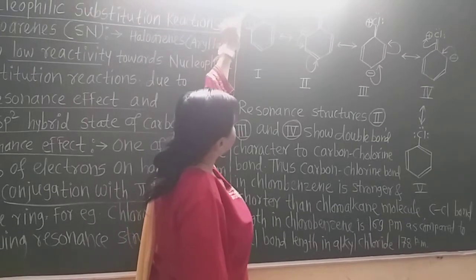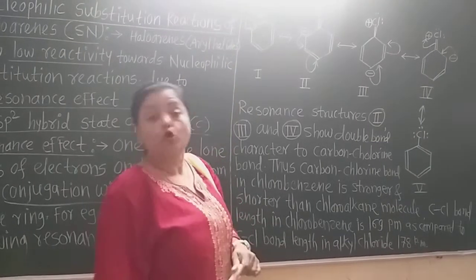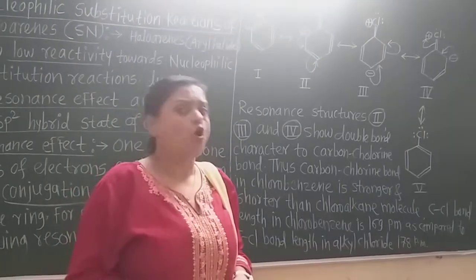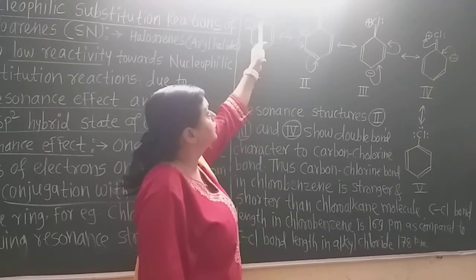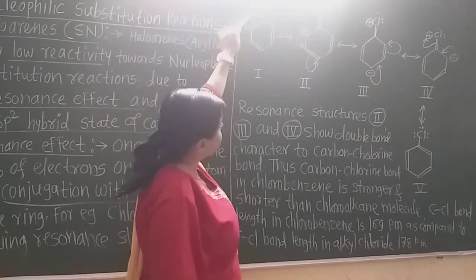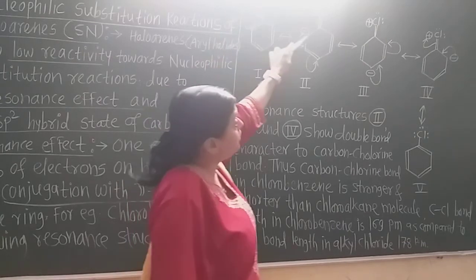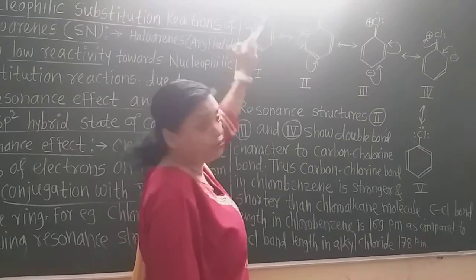Now this goes here. At the same time, this must go to that carbon, because carbon has only 4 bonds around it. Here 1, 2, 3, 4 bonds are already there. But if these electrons come here, then there is formation of a double bond, and due to that double bond, there may be 5 bonds.